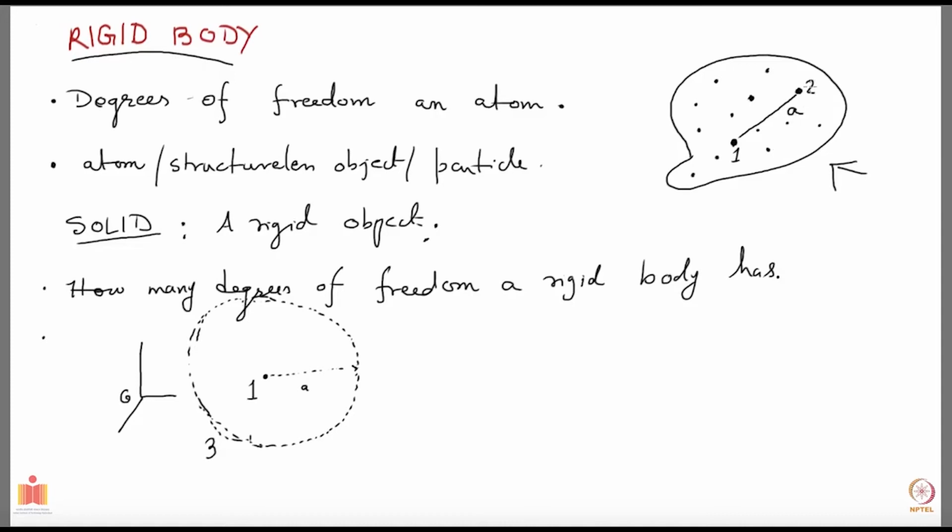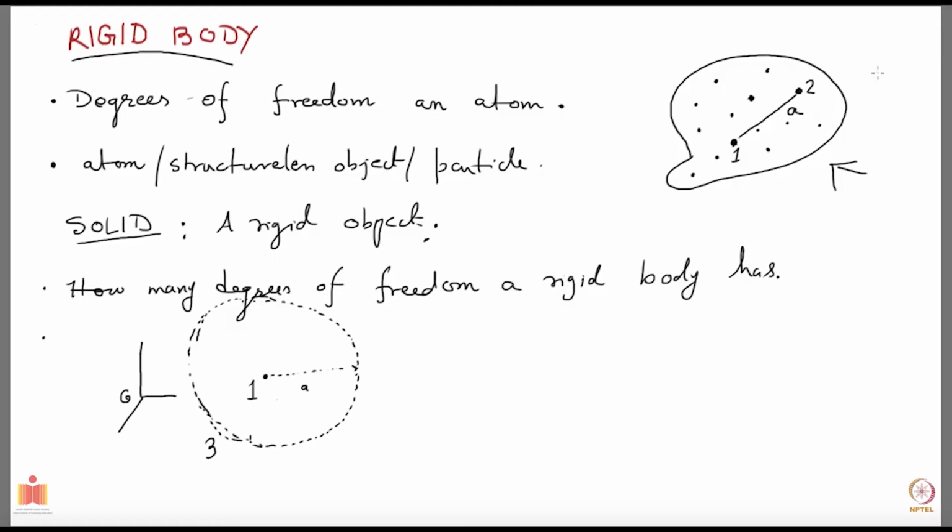So this particle number 2 could in principle be anywhere on the surface of this sphere, and it will still be a distance a away, and it will still be part of that rigid body. All that particle has to do is be a distance a away from particle number 1.